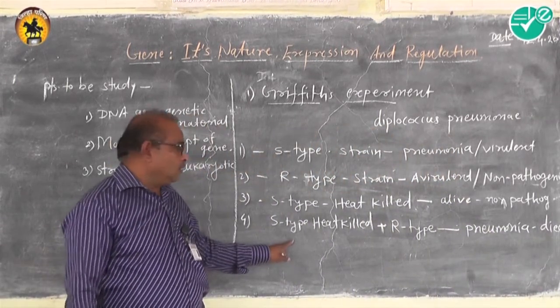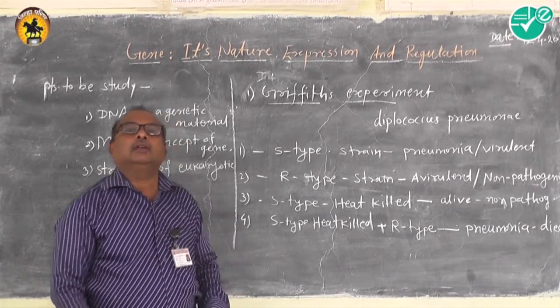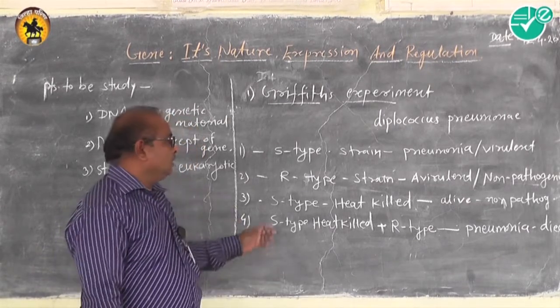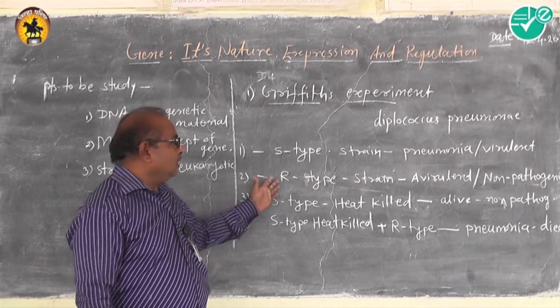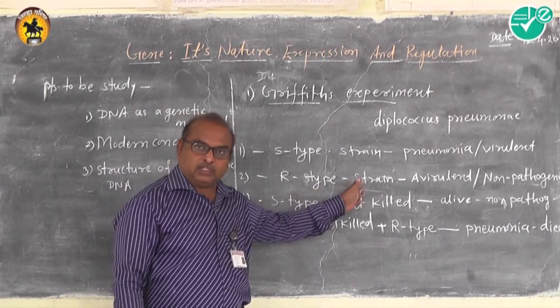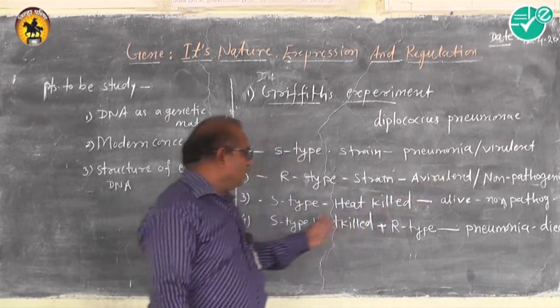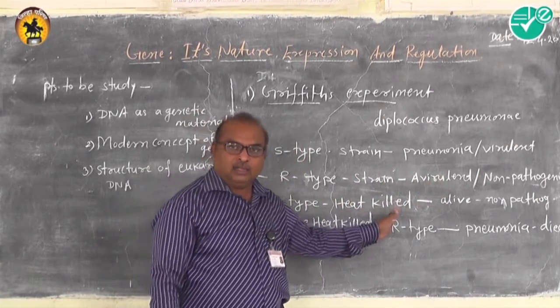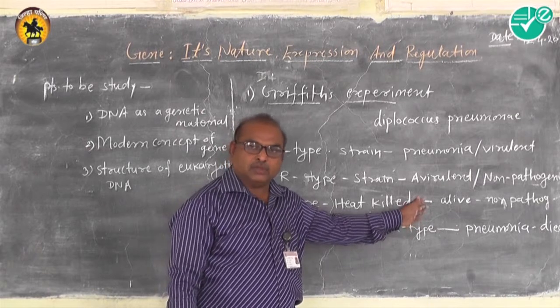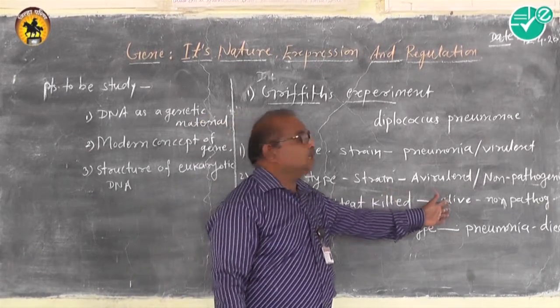Griffith wondered how this was possible. He was thinking about it. When the R-type strain was injected separately, the mouse did not suffer and remained alive. When the heat-killed S-type strain was injected, the mouse did not suffer and remained alive.